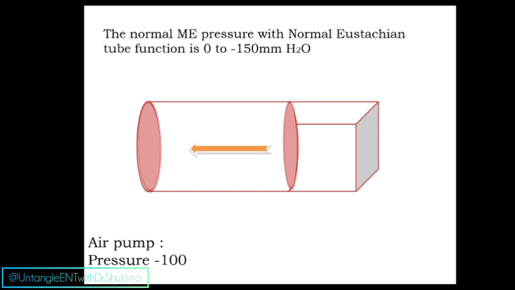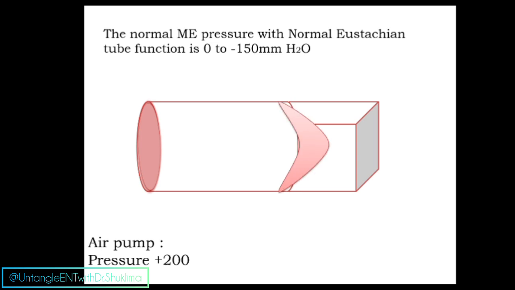Again, when we increase the air pump pressure to minus 100, which is nearly similar to the middle ear cavity, the reflected sound decreases but the compliance increases as the stiffness of the system gets better. Now when the air pump pressure is made 0, we get the highest compliance because of equal air pressure in both the cavities and normal stiffness of the system. But now when the air pump pressure is made plus 100, here the external auditory canal pressure is much more than the middle ear pressure and thus the stiffness of the system is altered, the TM gets pushed inside and the reflected sound increases, absorption decreases and thus there is a decrease in the compliance.